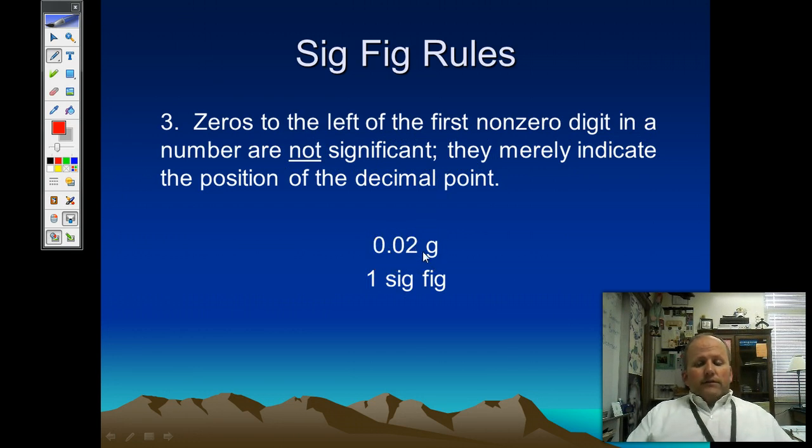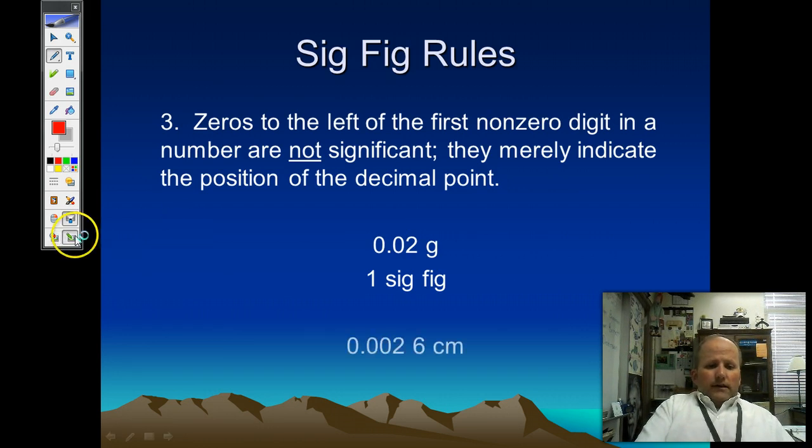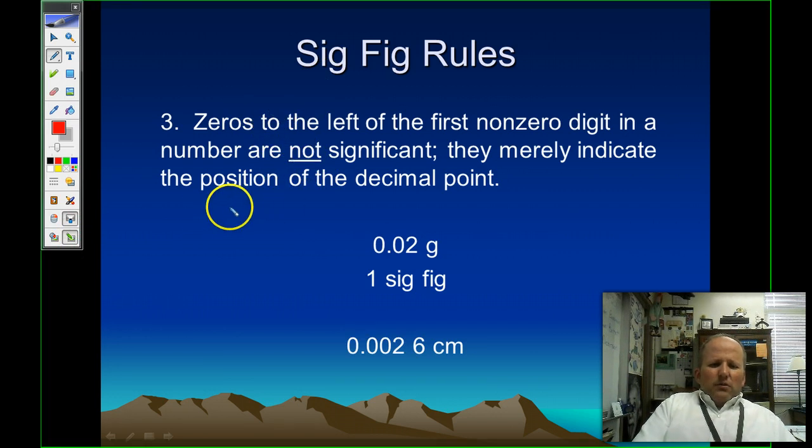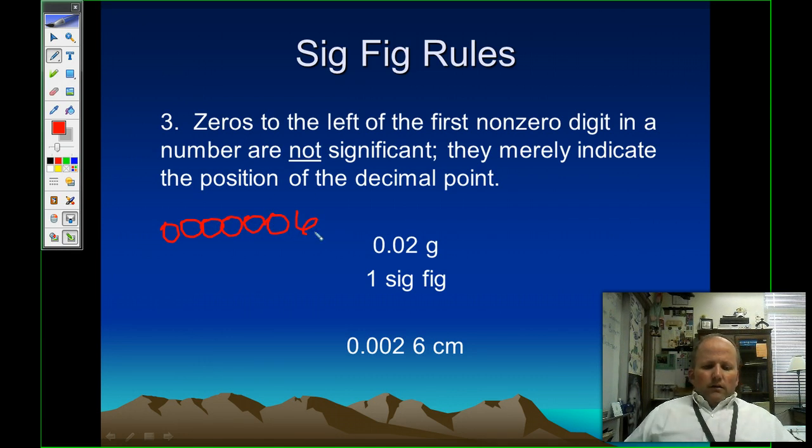Another example of this would be if I were to write a number like, hold on, let's see if I can write a number as you think about the next one. If I were to write this, and I said 6, most of you would probably look at me funny because why did I write all those zeros? Exactly. I don't need them.